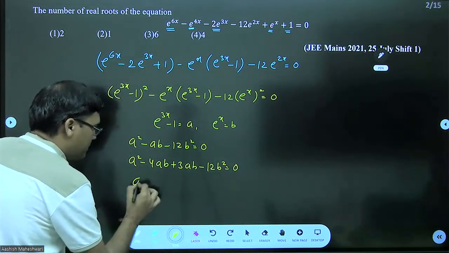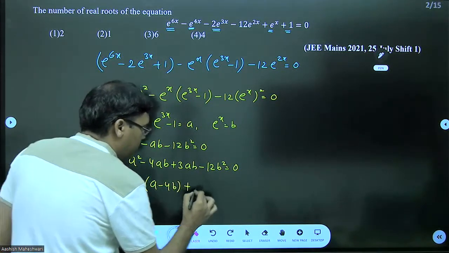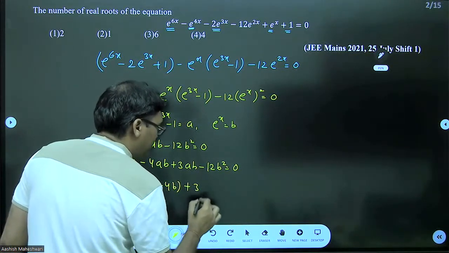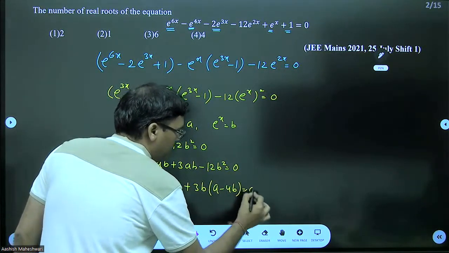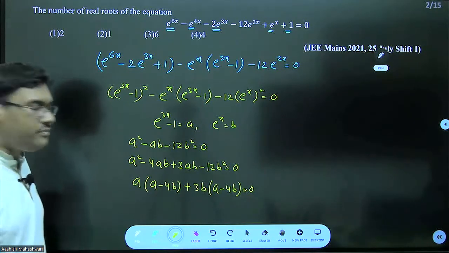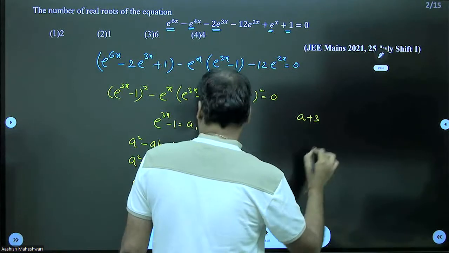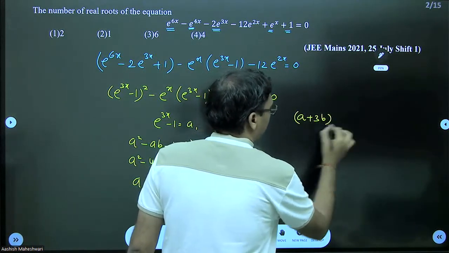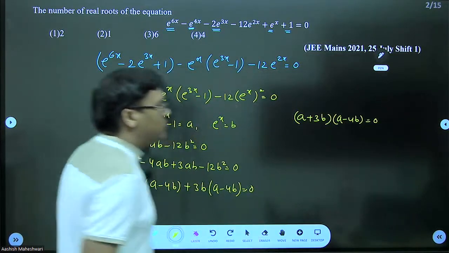So you can see here this is a minus 4b and this is plus 3b, a minus 4b equal to 0. So from this you can see this is a plus 3b into a minus 4b is equal to 0. So what is a, what is b?